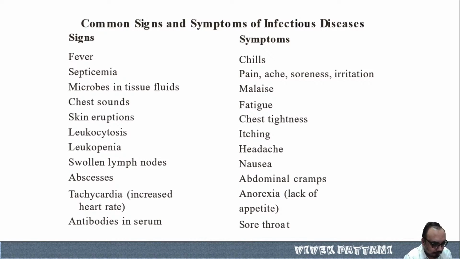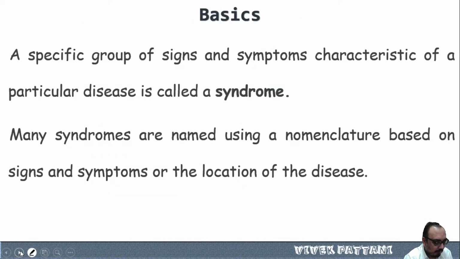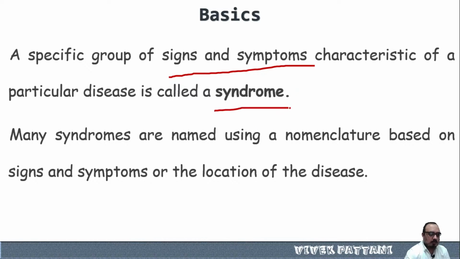Now moving forward. We have already discussed symptoms, signs, and what is disease. Now moving forward with the syndrome. What is a syndrome? A specific group of signs and symptoms characteristic of a particular disease is called a syndrome. We may also use the phrase group of diseases.